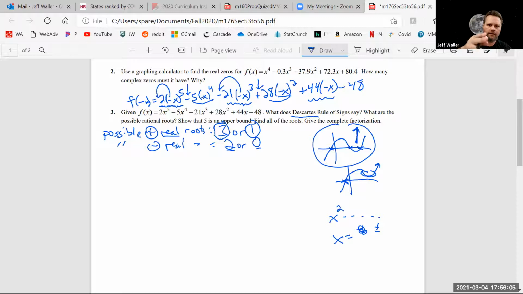That's what I mean. So when you do Descartes' rule, the shortcut for looking for negative real roots is all the odd powered term signs change, because of this, right? If I have 5 negatives, they're going to pair up. Bam, they kill each other.